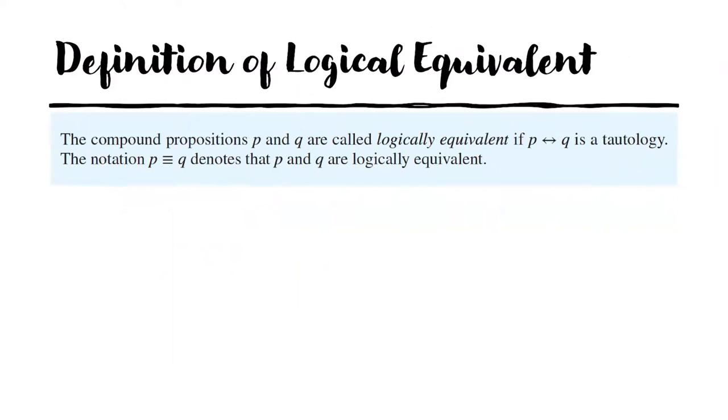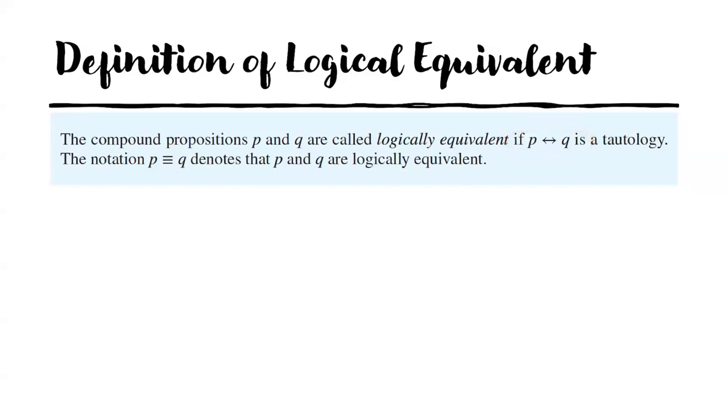Now we will look at the definition of logical equivalence. The compound propositions P and Q are called logically equivalent if and only if P if and only if Q is a tautology, which means if you construct a truth table for P if and only if Q, then all the truth values for P if and only if Q will be true.